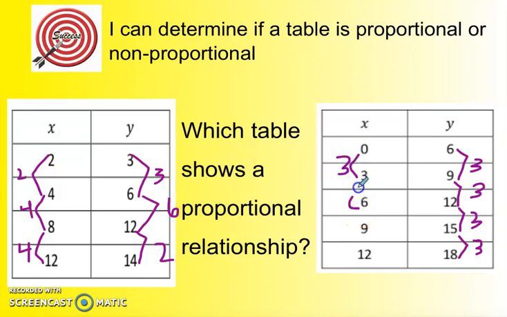Actually, I guess this whole side is 3 as well. The difference is 3 between everything. So that means if I do my rise over run, 3 divided by 3 is 1. And these are all 3 divided by 3, 3 divided by 3, 3 divided by 3. So that is my slope.